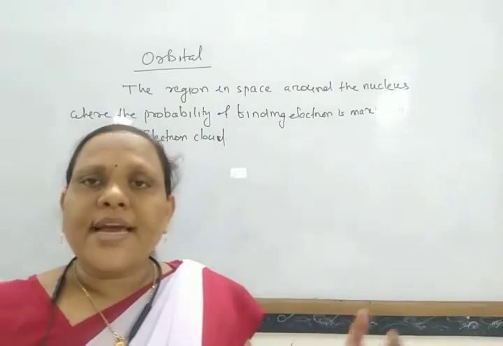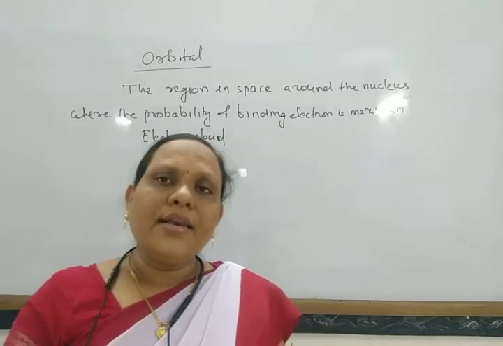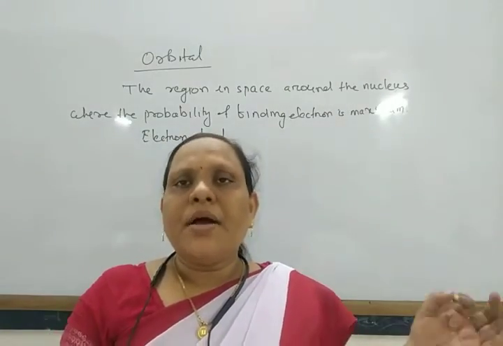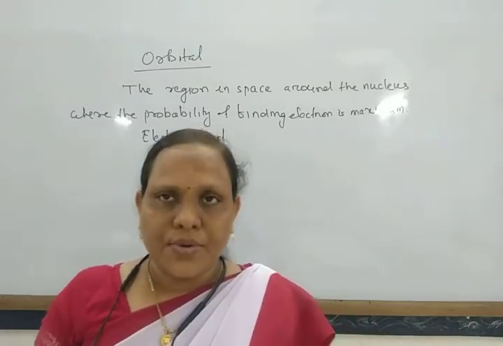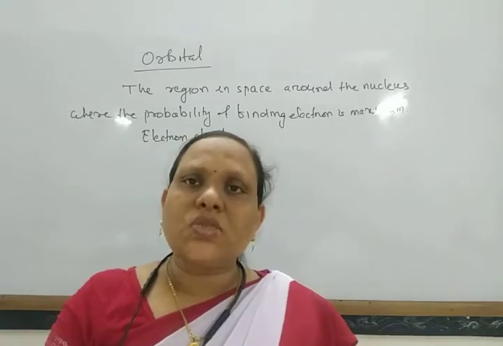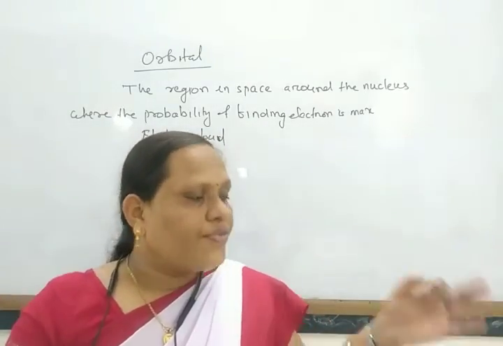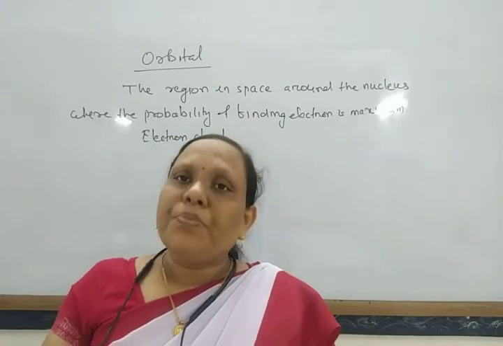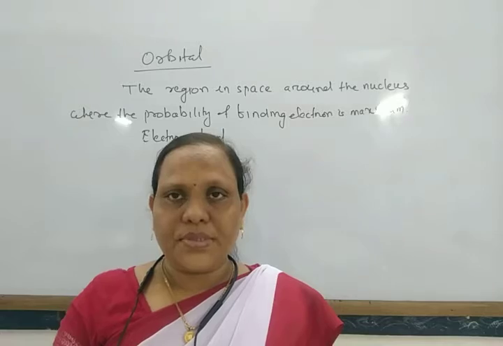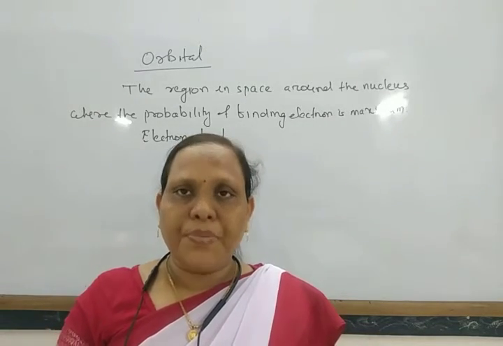An orbit can accommodate a maximum of 2n square electrons, where n is the number of the orbit, and an orbital can accommodate a maximum of 2 electrons. So there are some differences between orbit and orbitals.